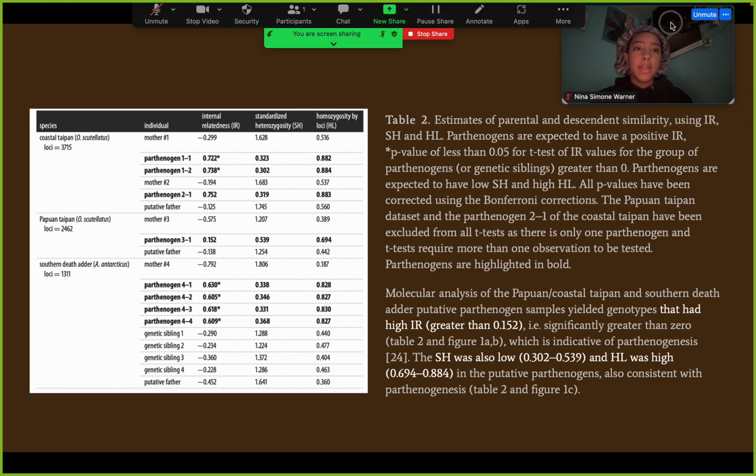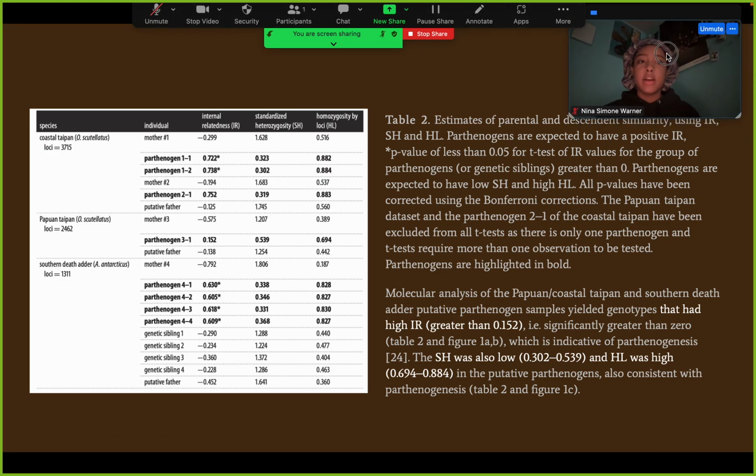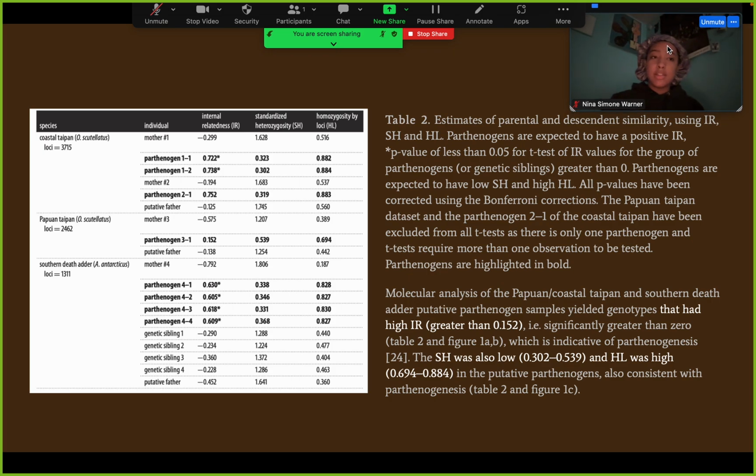So here is an explanation of what I was talking about earlier across the loci, that this is definitely a result of parthenogenesis. There are 3 genetic tests done to ensure that this is parthenogenesis: an internal relatedness test, a standardized heterozygosity test, and a homozygosity test across all loci.